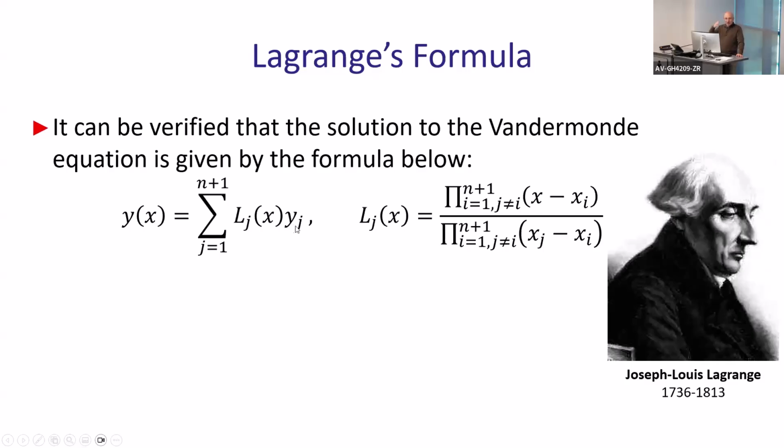So y_j are the points that you have, x_j are the coordinates of the x-axis points, and this is a polynomial in terms of x_i and x_j.